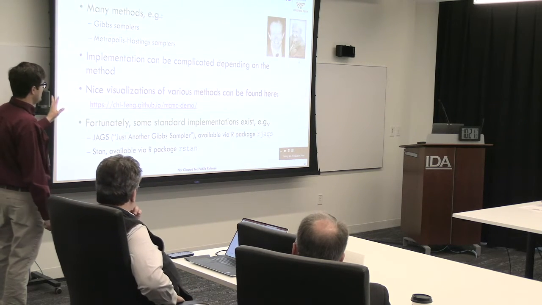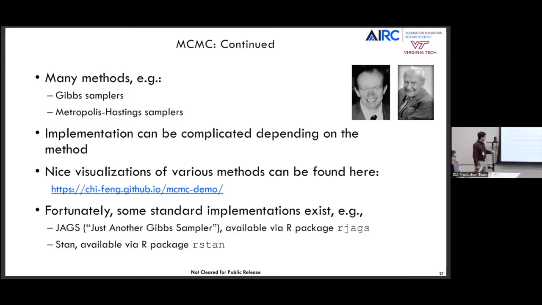There are a variety of other samplers. I found this link, which may be hard to write down quickly, but this is sort of a GUI where you can click on a method, tweak parameters and the target distribution, and watch it visualize how it's traversing the posterior.